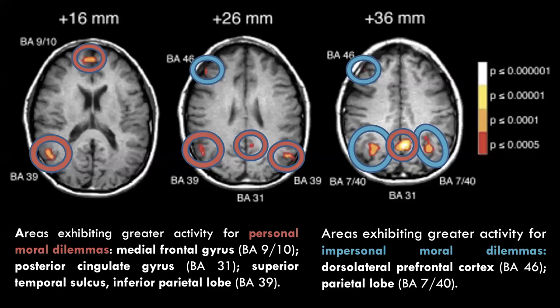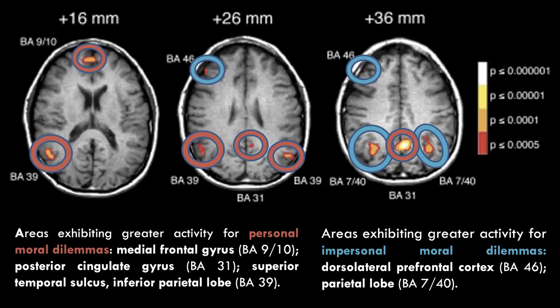It also turns out that the areas that activate when you ask patients these questions in fMRI machines depend on the kinds of questions that are asked.